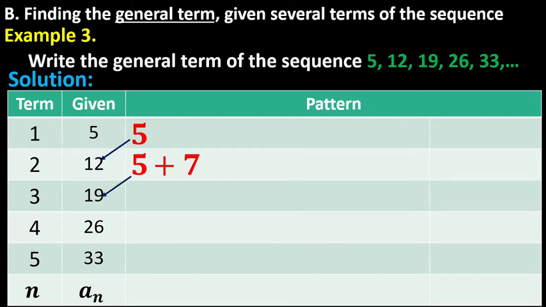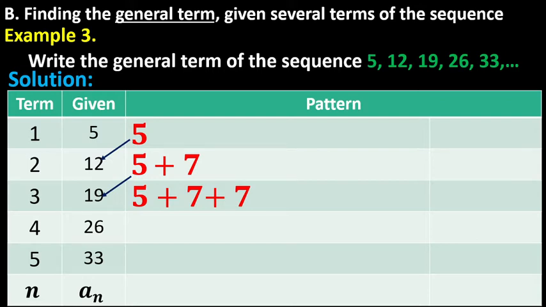Next, paano naman natin makukuha yung 19 kung may 5 plus 7 ka na? Ang 5 plus 7 ay 12. Kung ang 5 plus 7 ay 12, anong i-add mo dun sa 5 plus 7 para makuha mo yung 19? Okay, isang 7 ulit. May napapansin na kayong pattern?